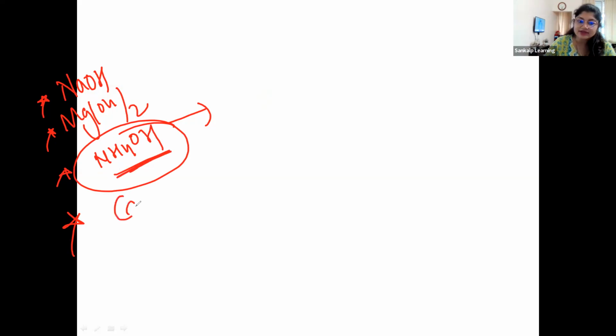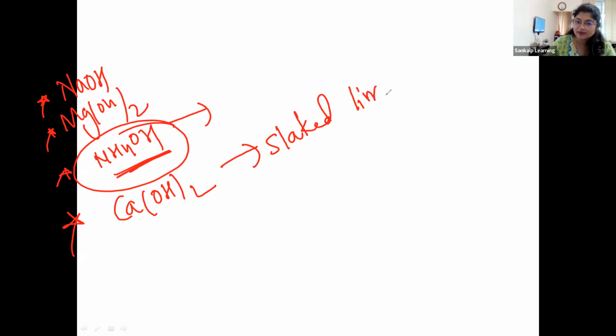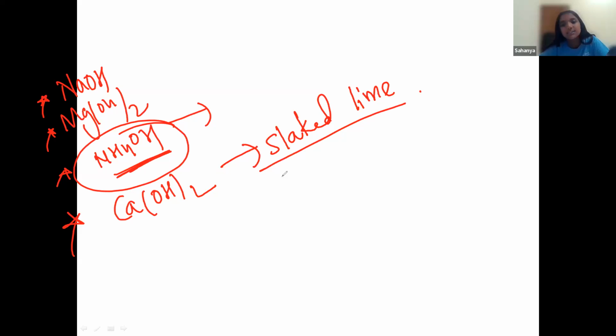Then calcium hydroxide. It is commonly called slaked lime. What is the name? It is called slaked lime, not snake.